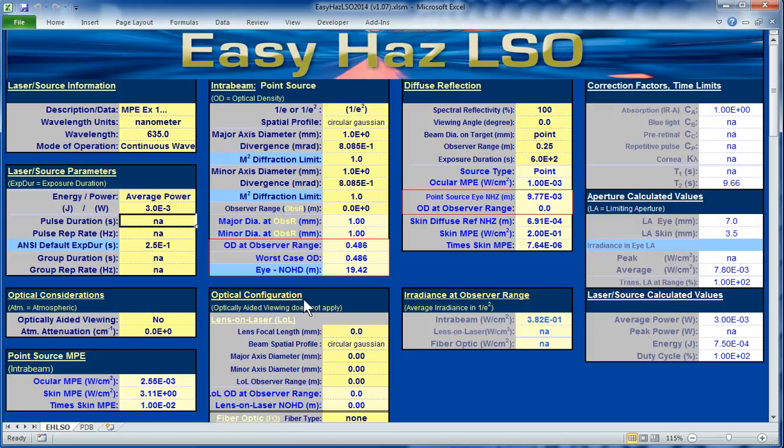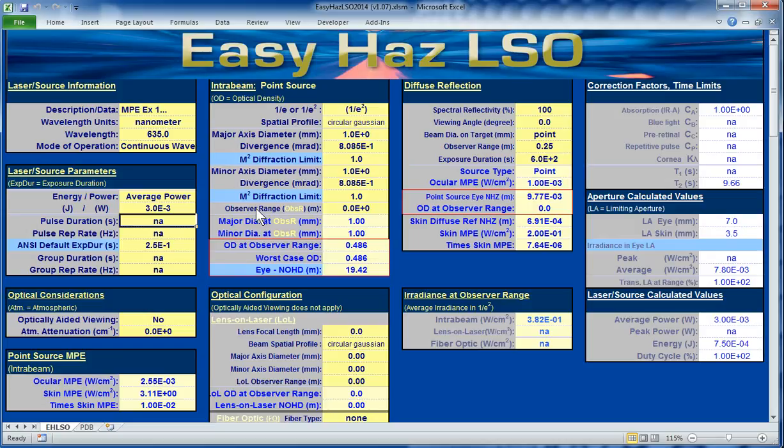Right. Let's do one thing before I leave this example, and let's do a reality check. The NOHD is the nominal ocular hazard distance. It's how far I would have to back up from the beam in order to look down the beam safely. In other words, if I had a direct eye exposure and I was at my NOHD, I should be right at the MPE level and I wouldn't have a hazard.